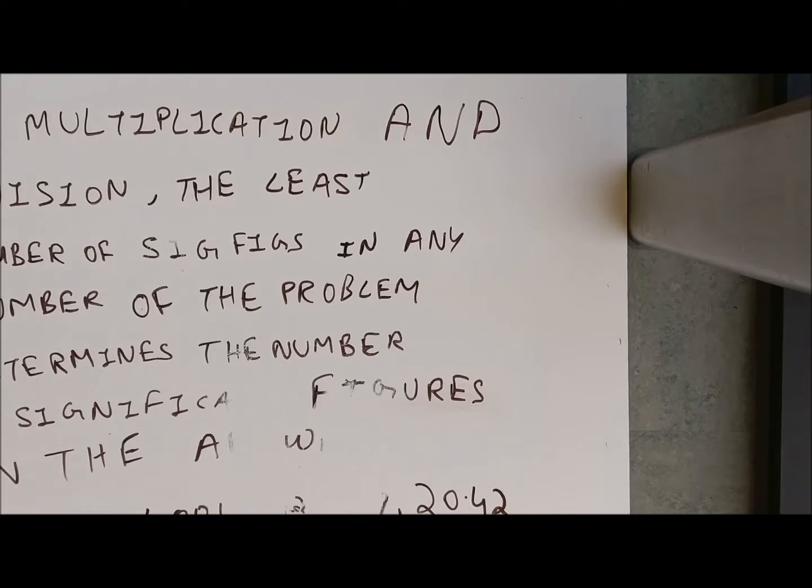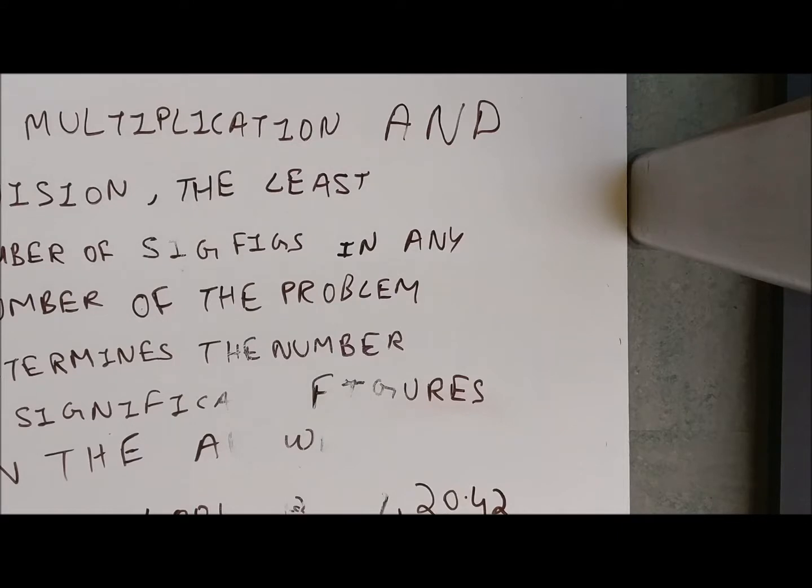So, for example, if you multiply 1.001 by 420 without a decimal point, you can see that 420 has just two significant figures, but 1.001 has four sig figs.